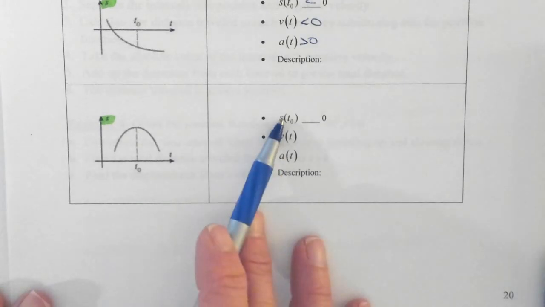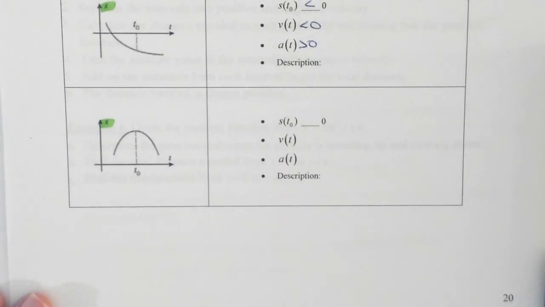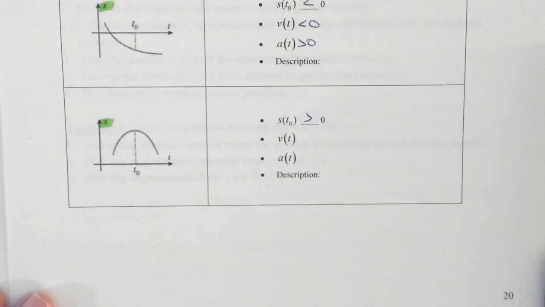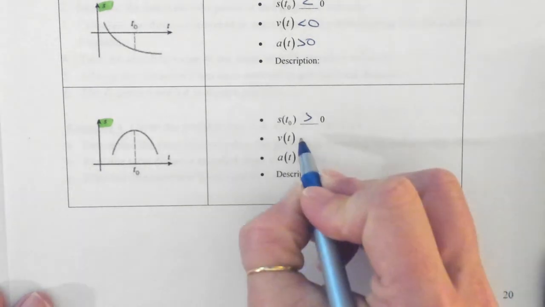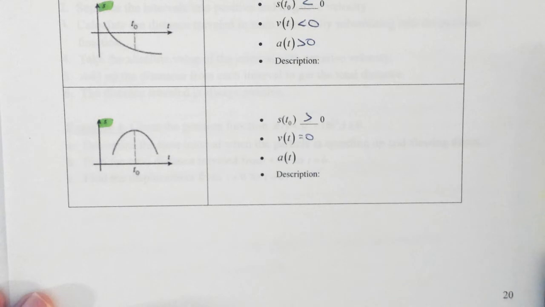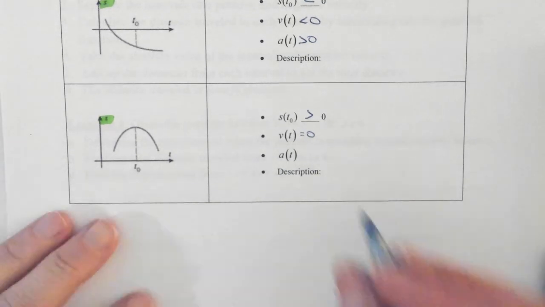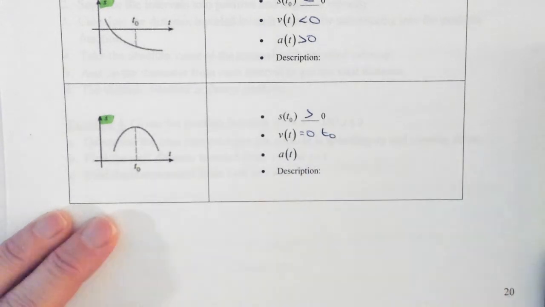Position at time sub 0. Greater than 0, yep. Still located above the x-axis, right? Velocity. What is it? It's equal to 0, right? Horizontal tangent line. So the velocity is equal to 0 at time t sub 0.